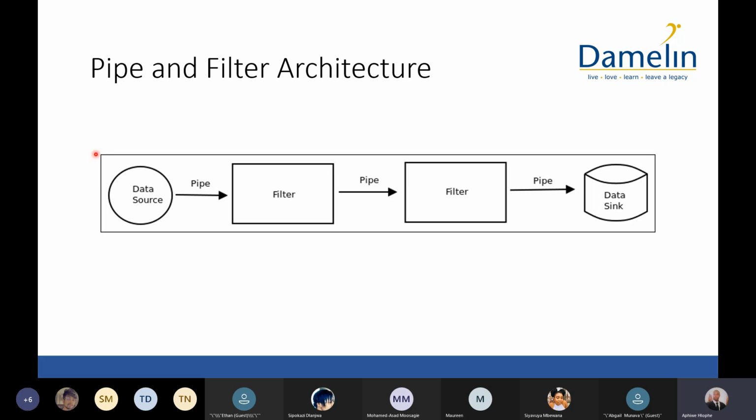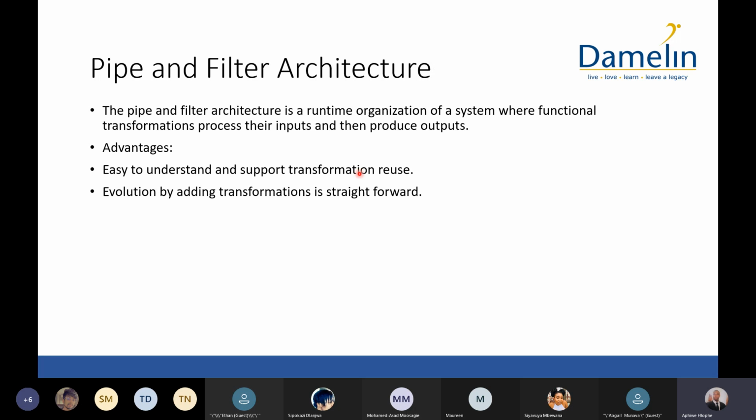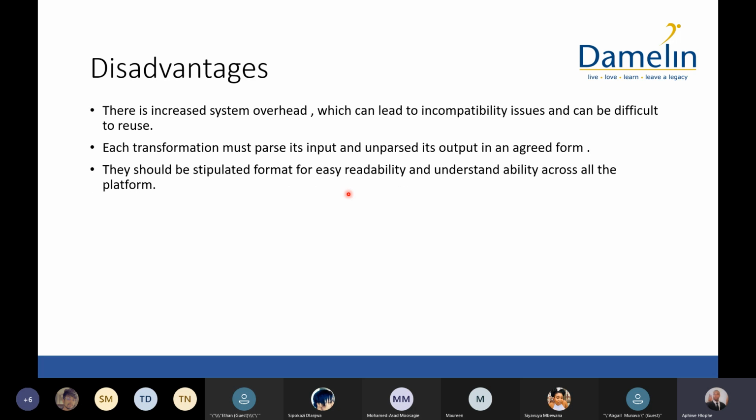It means all of this happens while the system is running and it's using up the resources. So the advantages of pipe and filter include being easy to understand and supporting transformation reuse. Evolution by adding transformation is more straightforward.